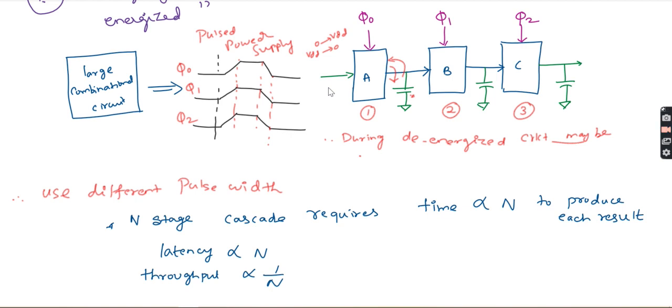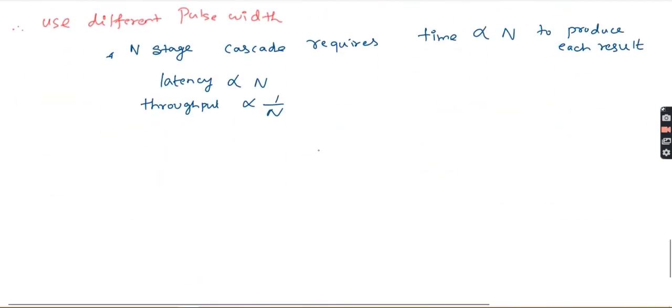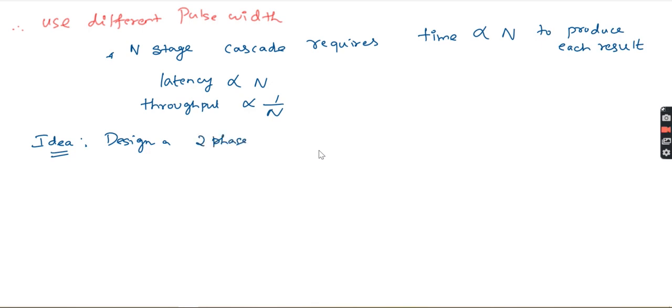So what is the idea here actually? Instead of a fixed supply, this is a pulse width power supply. You can think of a pulsed power supply as piecewise linear. So we need to change to different pulse widths. How can it be done? One of the ideas is we need to design a two-phase non-overlap clock generator.